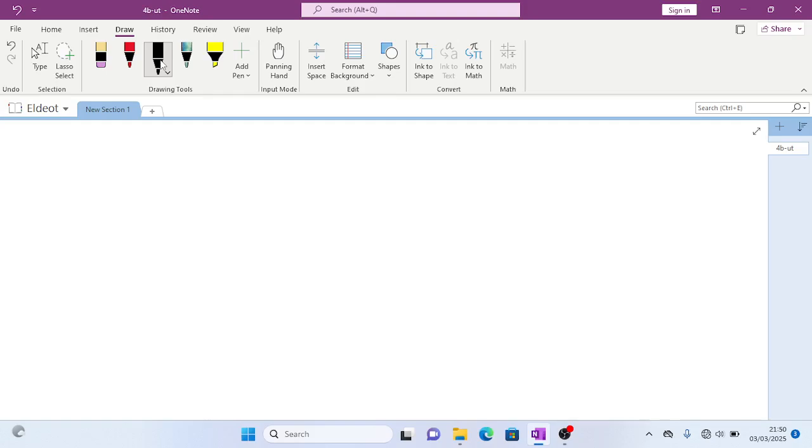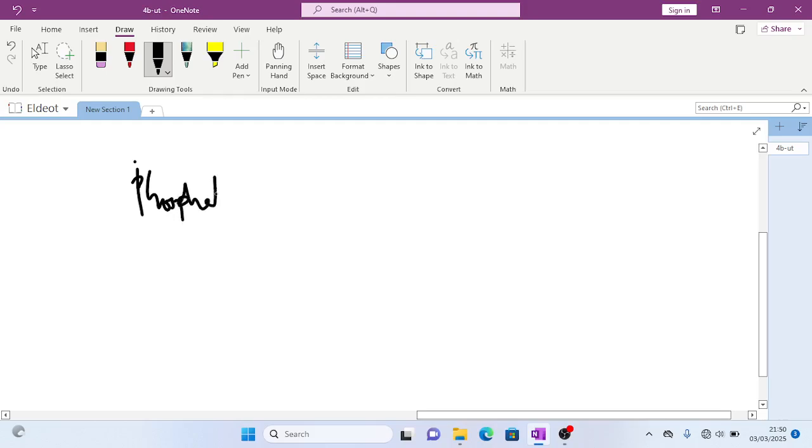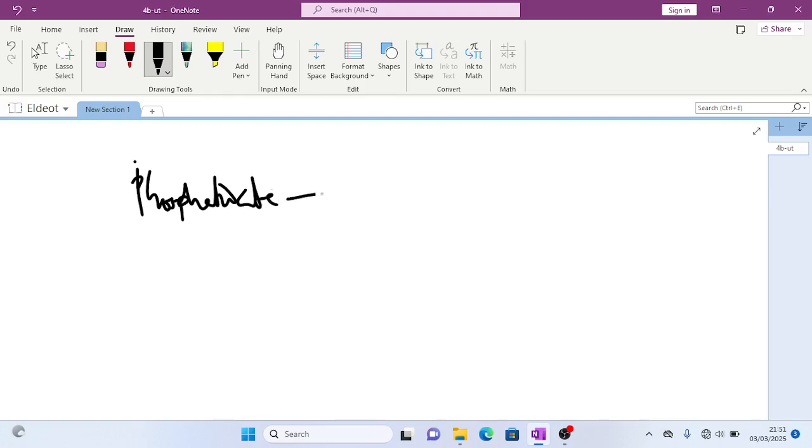Phosphatidate can also be used to form acidic phospholipids. So just take this again. The phosphatidate can be converted into 2 further precursors.